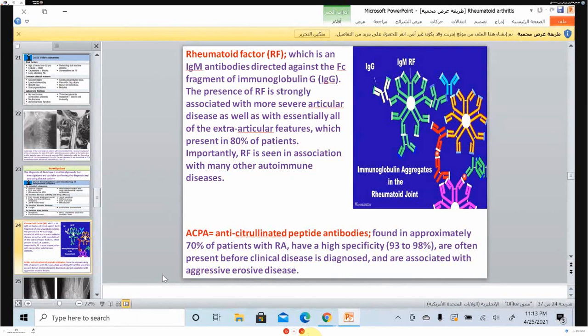Anti-citrulline peptide antibodies are found in approximately 70% of patients with rheumatoid arthritis and have a high specificity, 93 to 98%, are often present before a clinical disease is diagnosed and are associated with aggressive erosive disease. So first it is highly specific, and it may be present even before the disease is clinically evident, in addition to being associated with more severe or aggressive disease.